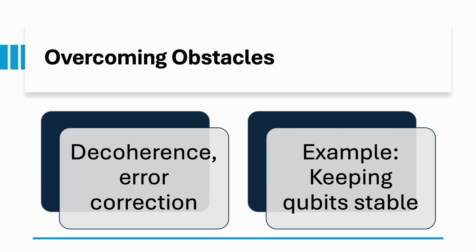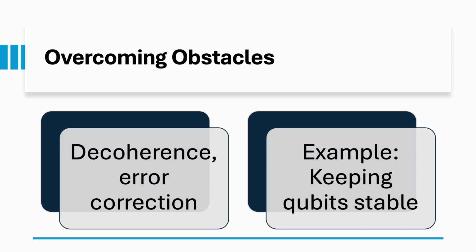The problem is that decoherence happens incredibly fast, often within microseconds, or millionths of a second, which means quantum computers have only a tiny window of time to perform their calculations before the qubits decohere and the information is lost.